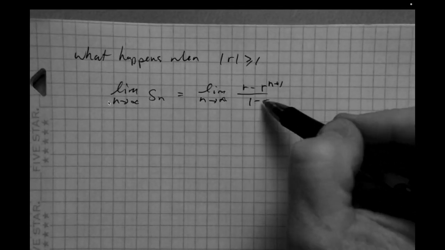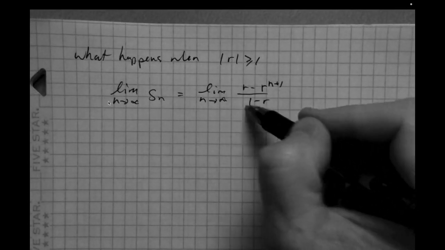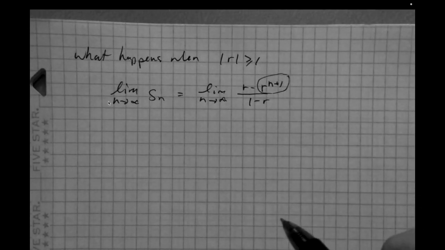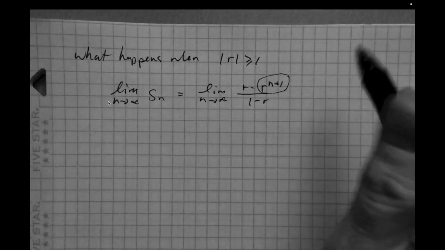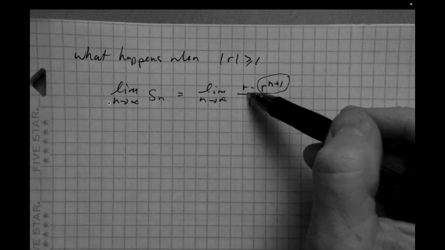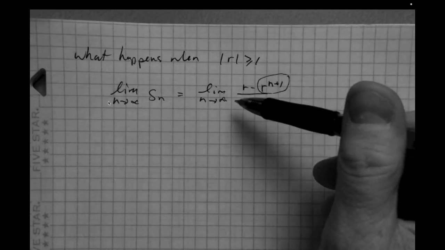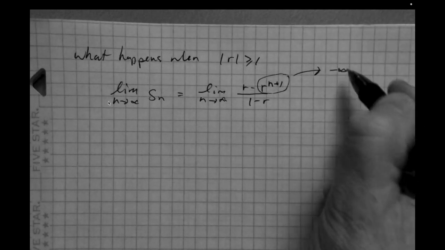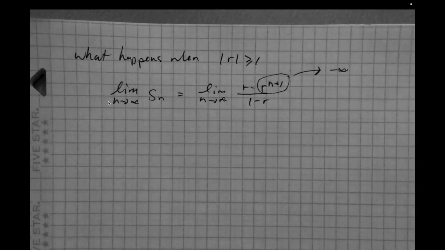Well, the r's are okay, and these in the denominator, but this piece here is going to grow. It's going to get very large. Specifically, it's going to approach negative infinity as n grows.